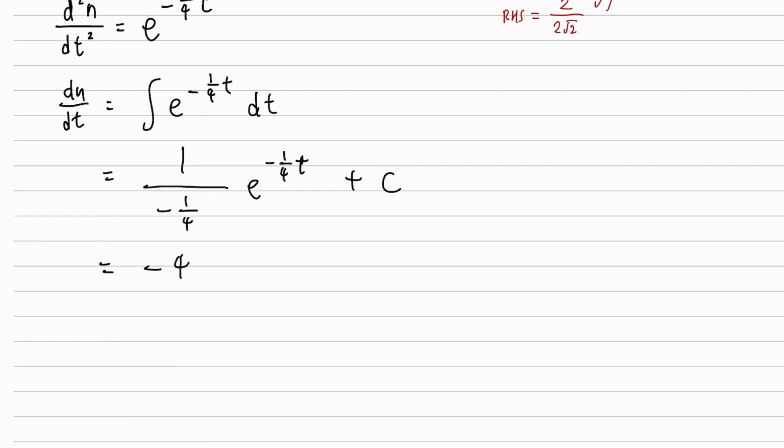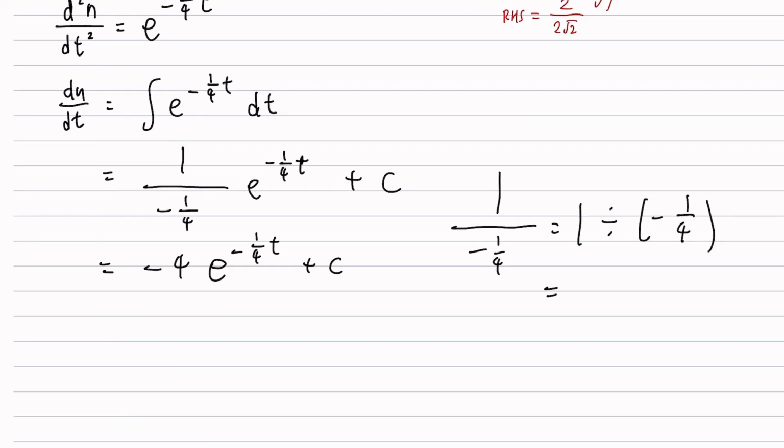Agree? Oh, I always thought it's just copy the -1 over 4. Wait, did I do wrongly? 1 over -1/4 means 1 divided by -1/4. Keep, change, flip. Do you know? Primary school, KCF: keep the 1, change the divide into times, flip the fraction.